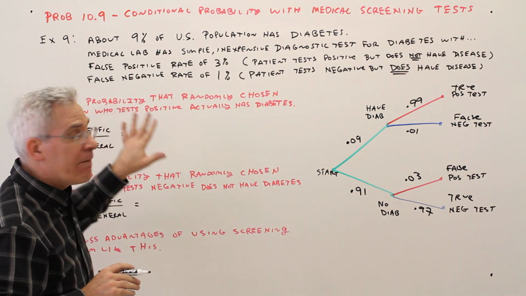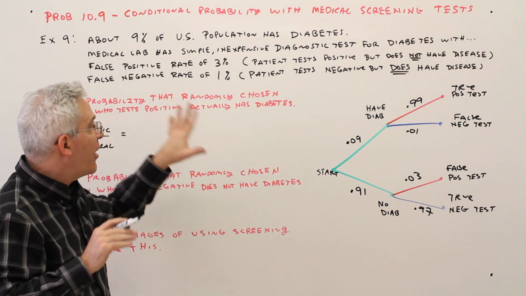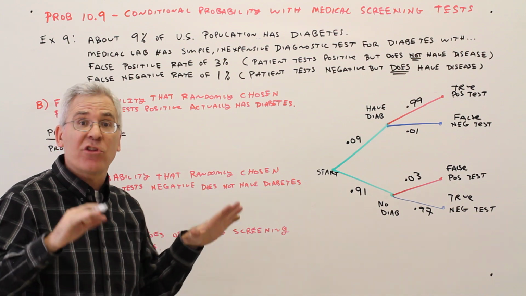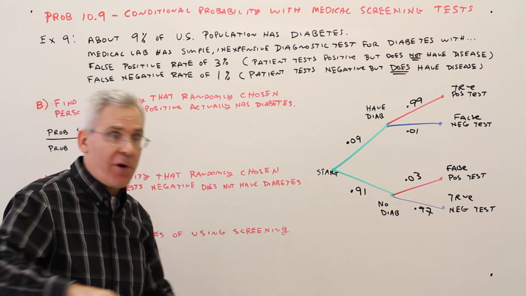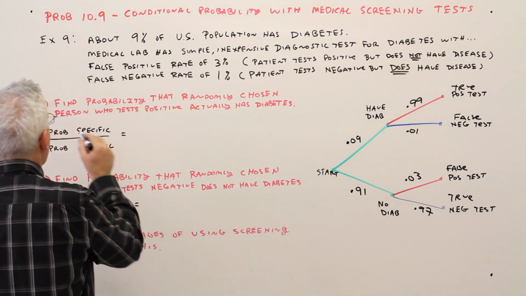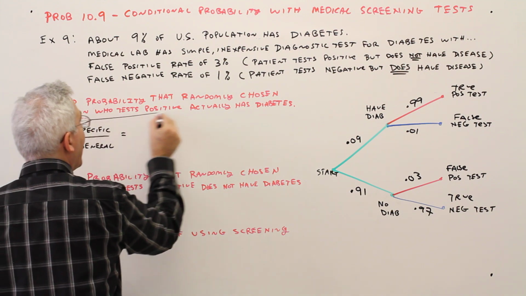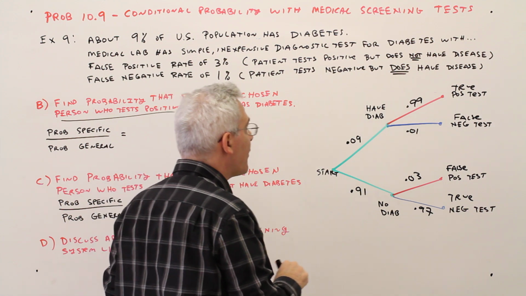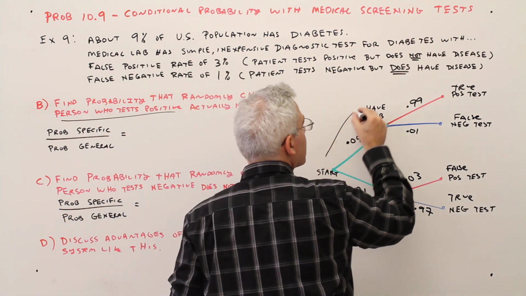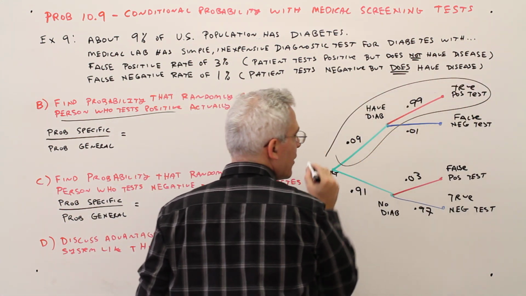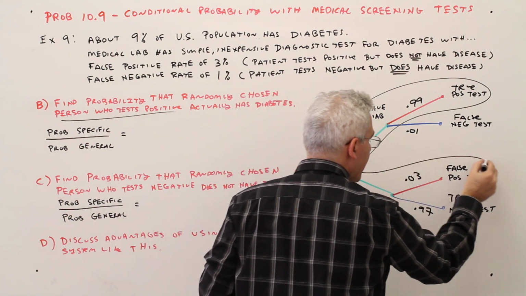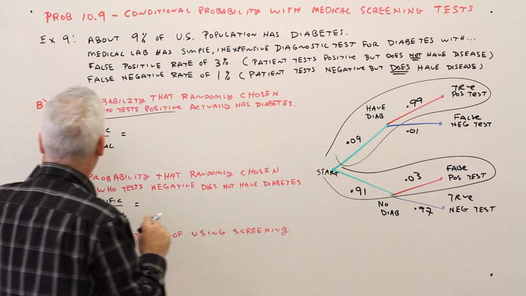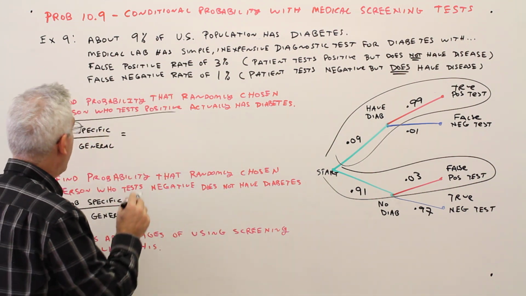Part B, find the probability that a randomly chosen person who tests positive actually has diabetes. So for my general situation, somebody who tests positive, let's find out where those branches are. Testing positive is this branch, and that branch. So that's my general scenario. Remember, probability specific over probability general.